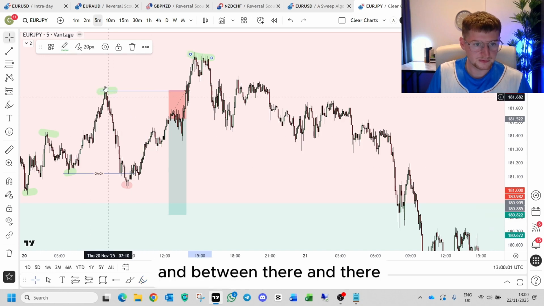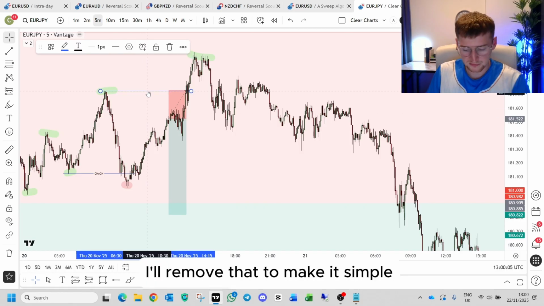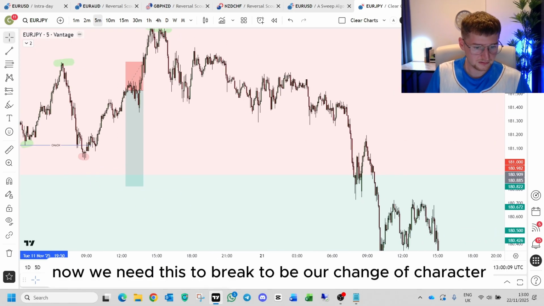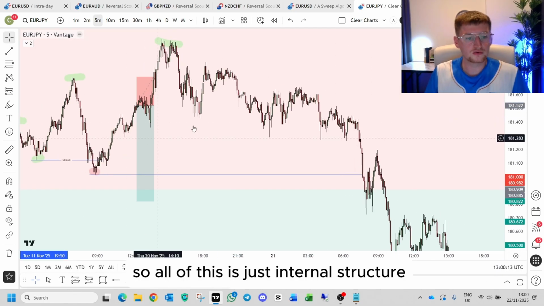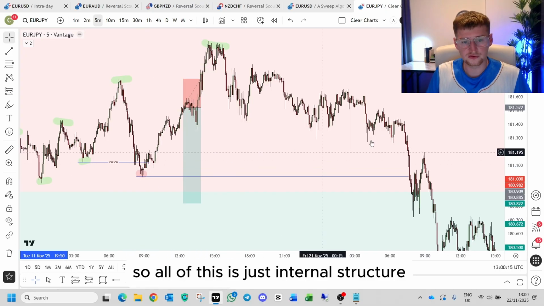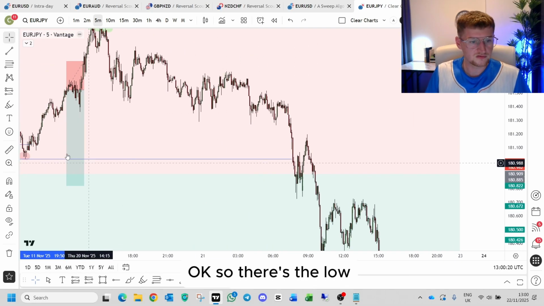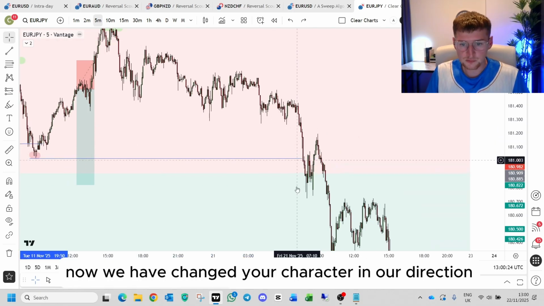And between there and there, this is our low. So now, I'll remove that to make it simple, we need this to break to be our change of character, like that, okay? So all of this is just internal structure, internal highs and lows to be broken out, okay? So there's the low. Oh, dragged it by mistake. Now we have change of character in our direction, okay?